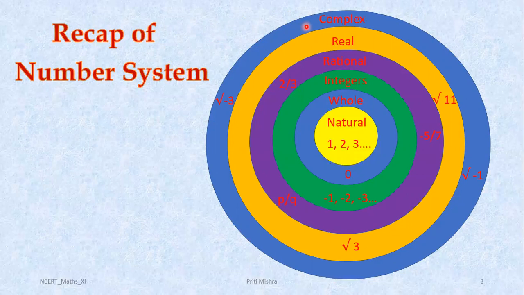Imaginary number means complex numbers. So in this chapter, we have to study these complex numbers, and you can see here the set of complex numbers is the superset of all these subsets. Means the real number set is a subset of complex numbers. So all these are automatically subsets of the set of complex numbers.